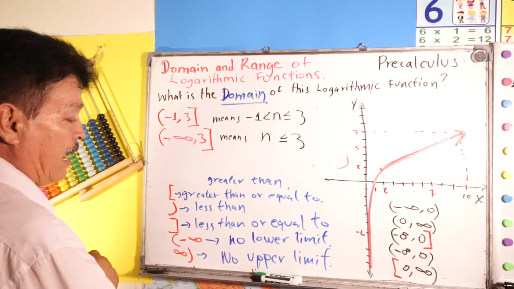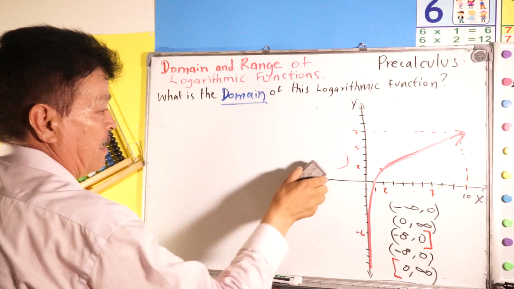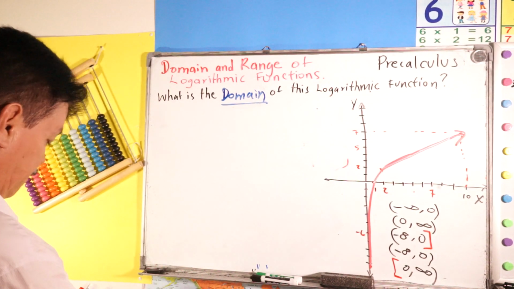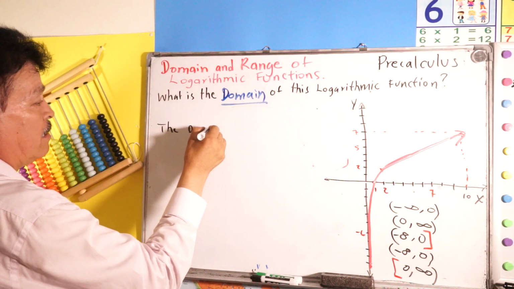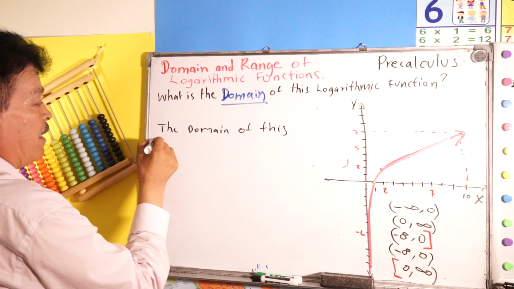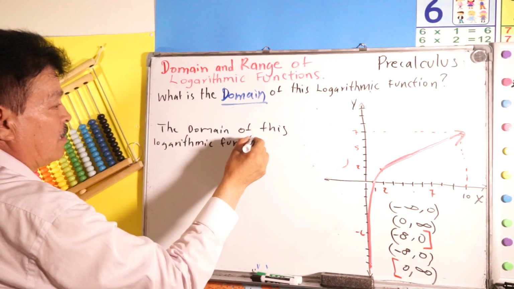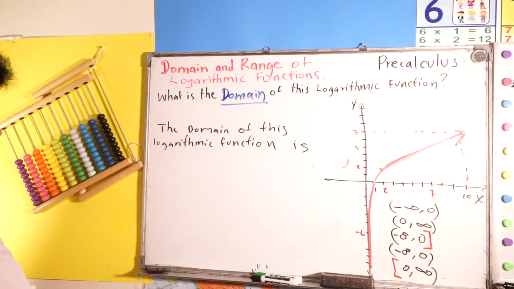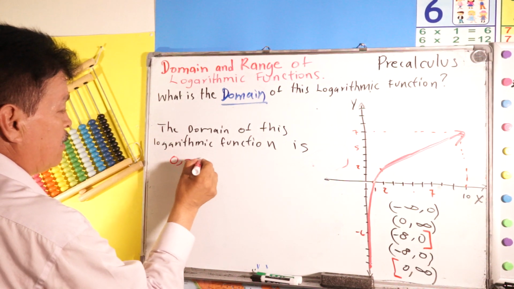Let me erase now. After I explained everything here, let's write the answer. Okay, we have those possible answers. So the domain of this logarithmic function is 0, comma, here, this one.